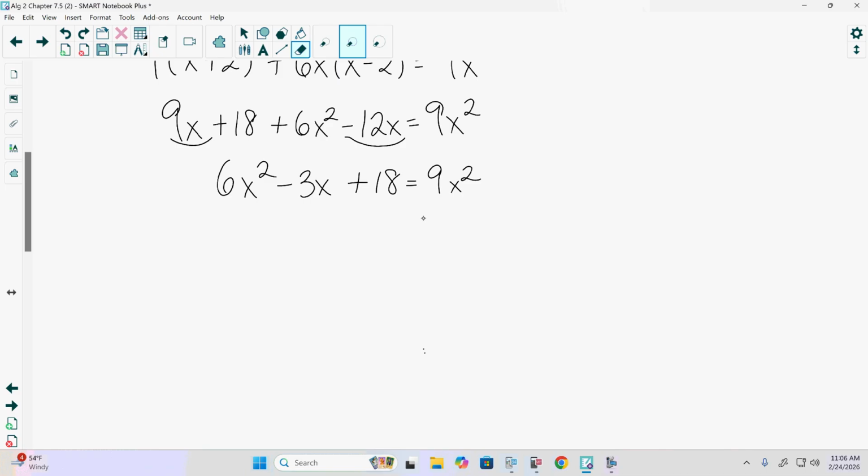Then I do x, because it's one power less, and then the constant term. And I write it this way, especially if we're going to be factoring. It helps me line it up for the first and third term. We can actually start our factoring process. But the actual ordering of terms, how I combine them, really doesn't matter. It's just how am I going to be able to organize them to best use them is the main goal. Does that kind of answer the question?